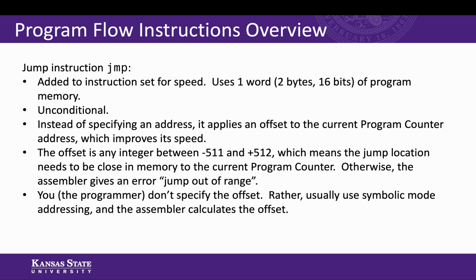But if we have to jump, say for a loop, from like at the bottom of a huge program back to the top of that huge program, then we might actually find that the jump is out of range. And in that case, you have to use the branch, the slower instruction. Now, I do want to point out that you, the programmer, don't specify the offset in the jump instruction. Rather, you usually use symbolic mode addressing, and the assembler calculates the offset.